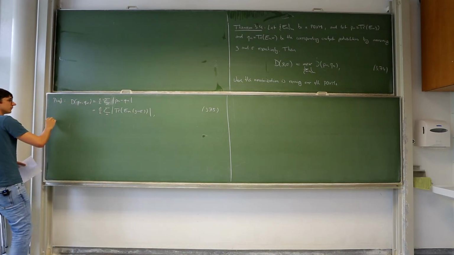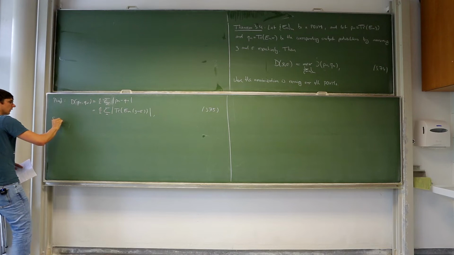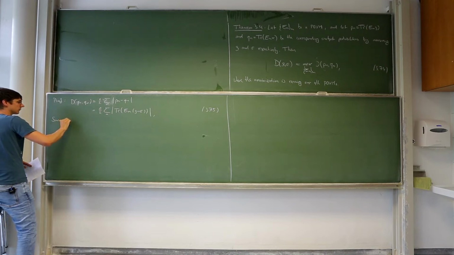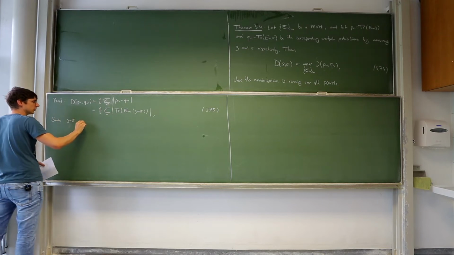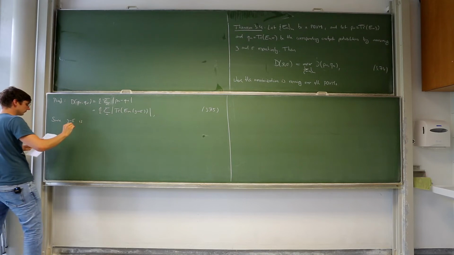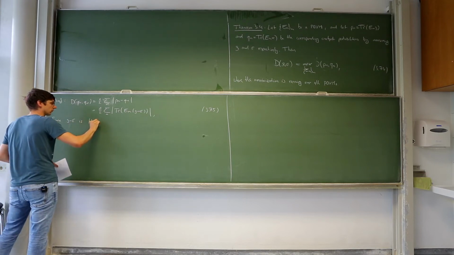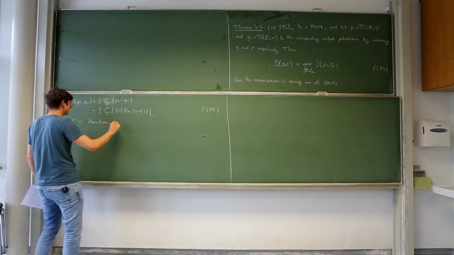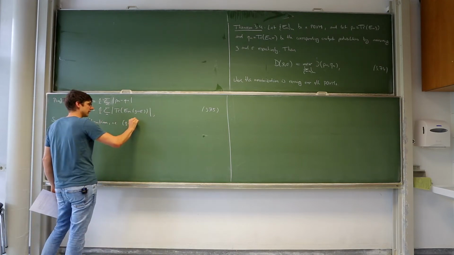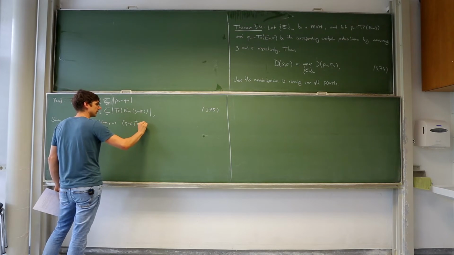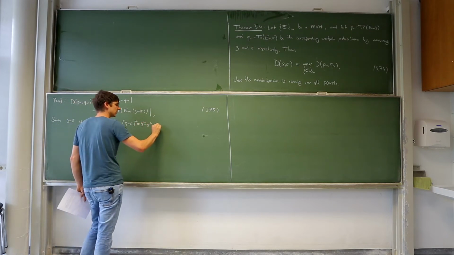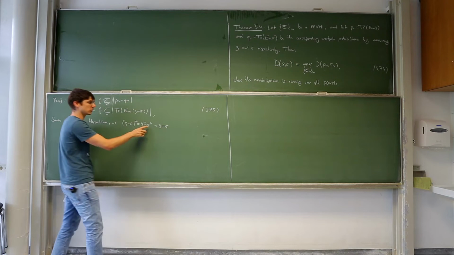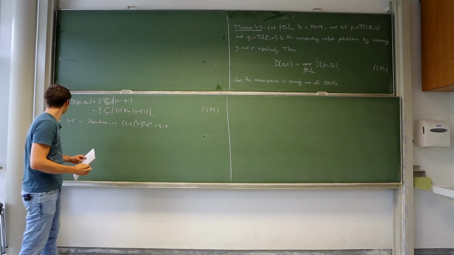So the next step is we use that rho minus sigma is Hermitian. This means that rho minus sigma dagger is equal to rho dagger minus sigma dagger, which is equal to rho minus sigma, because rho and sigma are Hermitian.